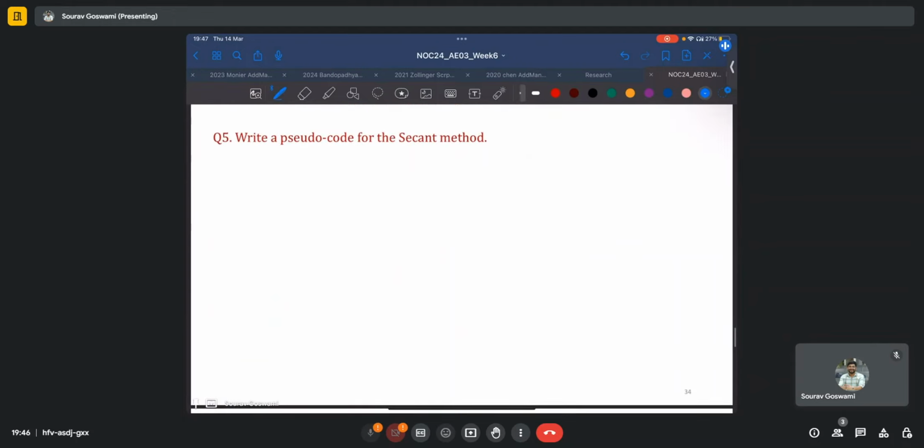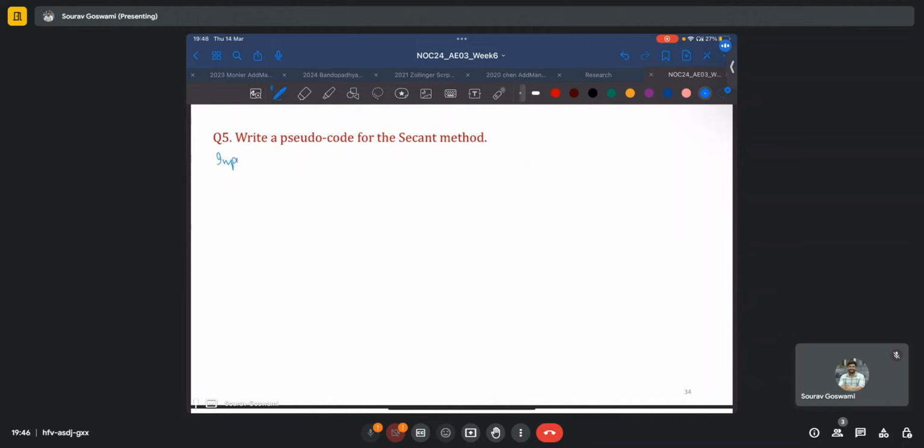So similar to the case for Newton, let's also try to devise a pseudocode for the second method. And again, in this case, our goal is the same as Newton's. We have to find a solution to f(x) equal to 0. However, in this case, we need two initial approximations, p0 and p1.